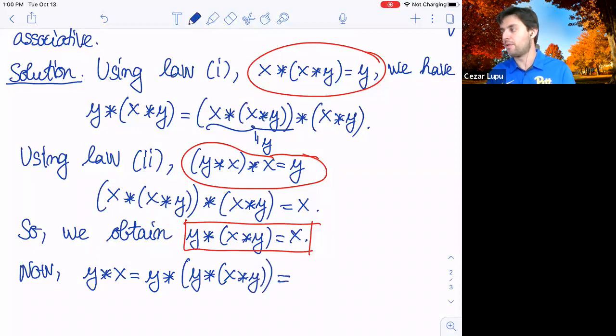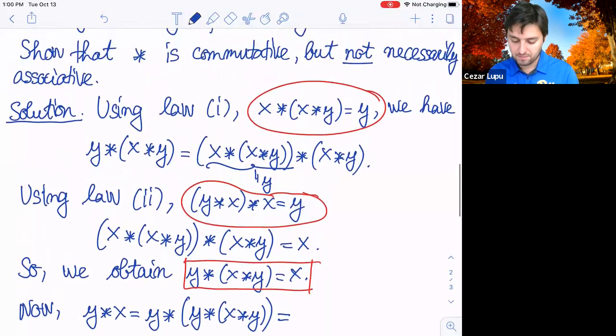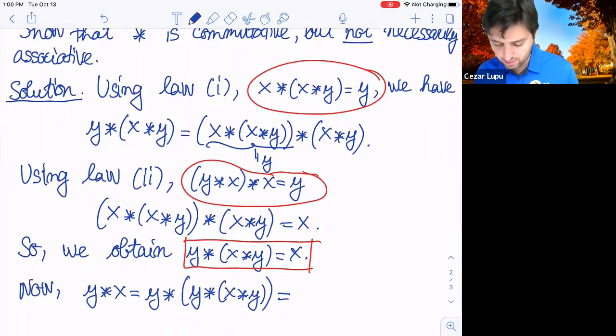And this will be further equivalent to what? Can you tell me? By one of the laws, this is what?